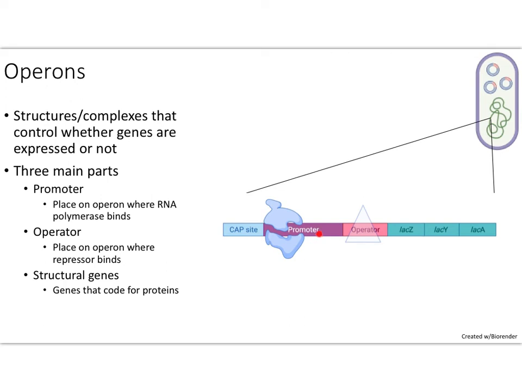Promoters are the places on operons, or the places on the code in DNA, where the RNA polymerase binds. This is when we were talking about initiation with transcription and translation. This is where initiation would occur, at the promoter region. The operator is a place on the operon where a repressor can bind.